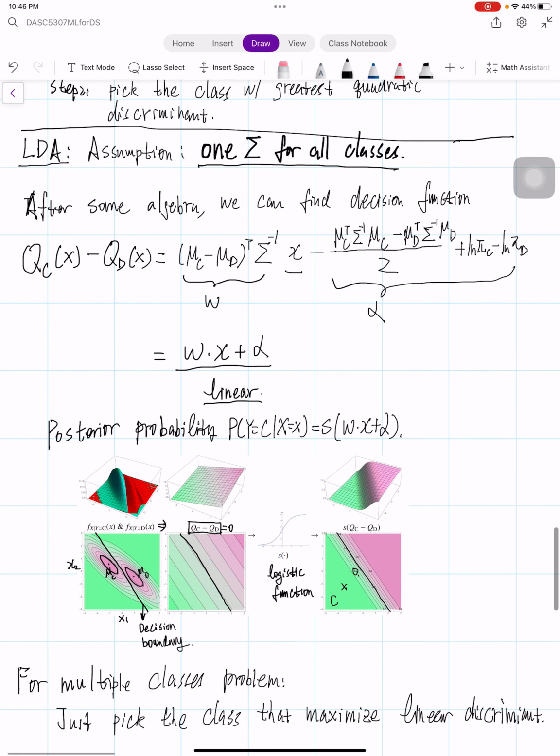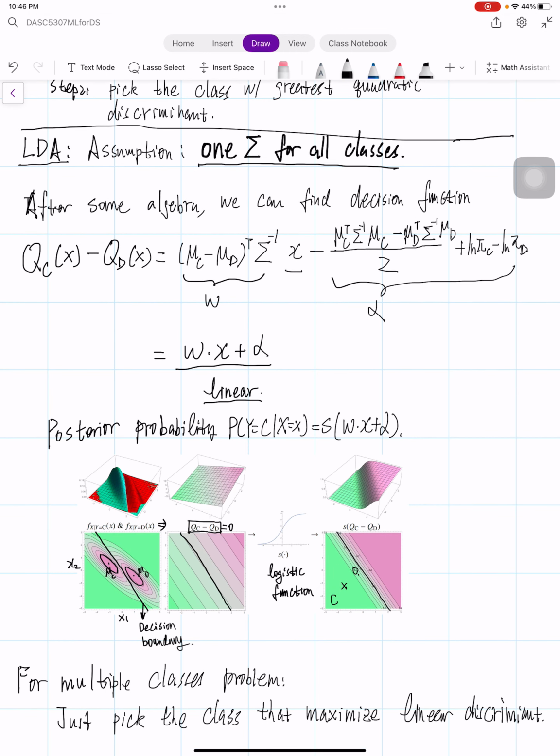For example, we just want to find the term with the QC part.